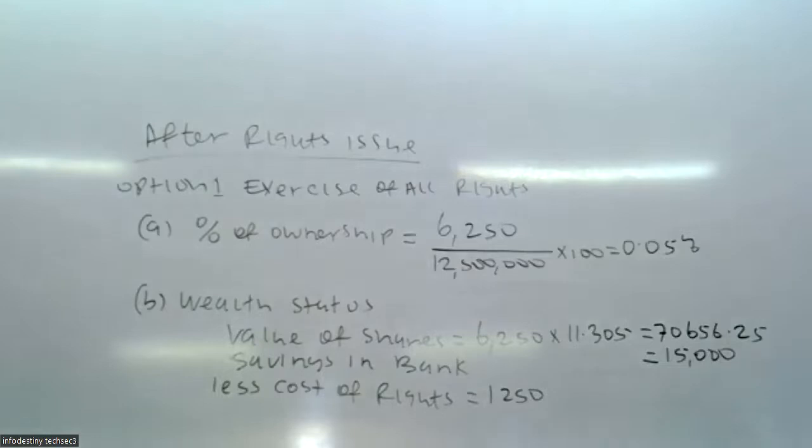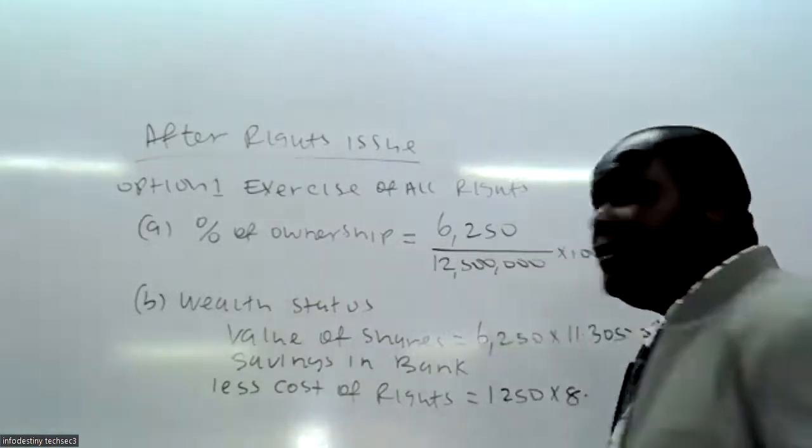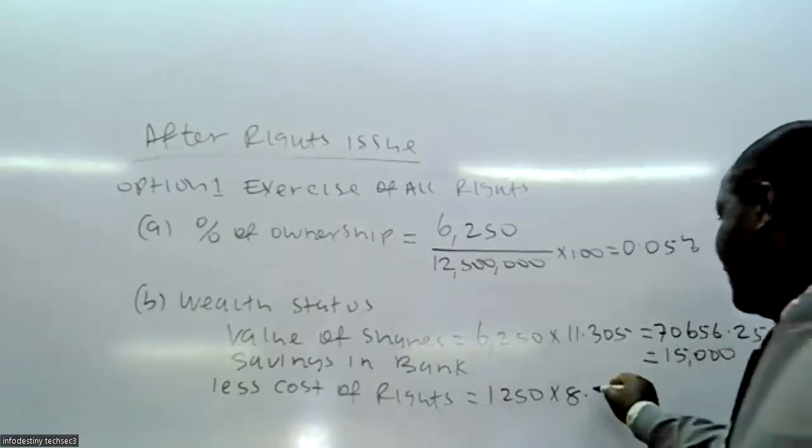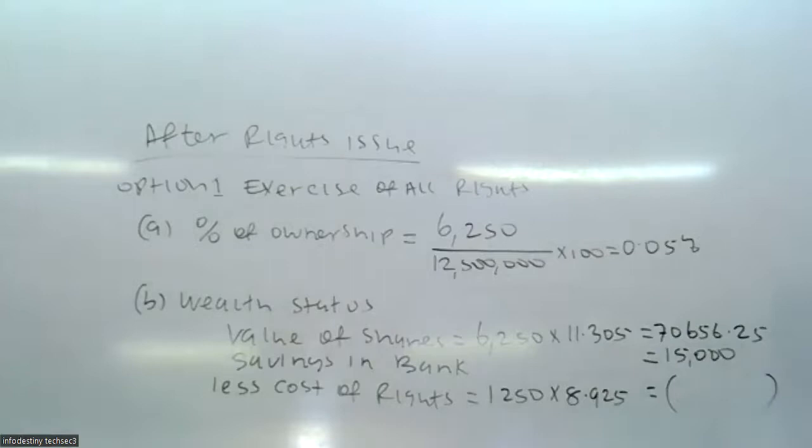But now you value them at the offer price. The cost for the rights, those shares, you value them at the offer price. We calculated the offer price. How much was the offer price? 8.925. So that figure we shall be subtracting.